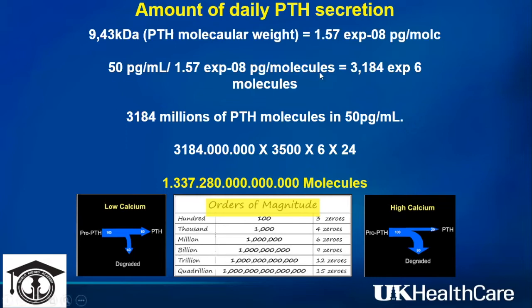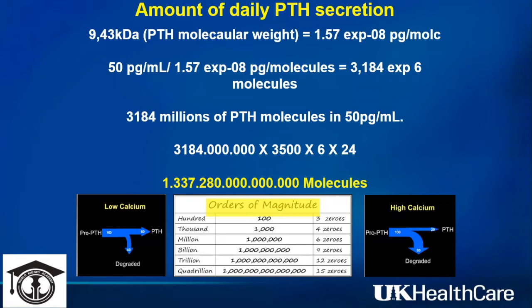We tried to estimate how much PTH is secreted on a daily basis, and we came up with a complicated equation showing that our body secretes more than a quadrillion molecules daily, about 1.3 quadrillion, not million or billion or trillion, but quadrillion. This is because the gland is working day and night very hard to control our extracellular calcium level.